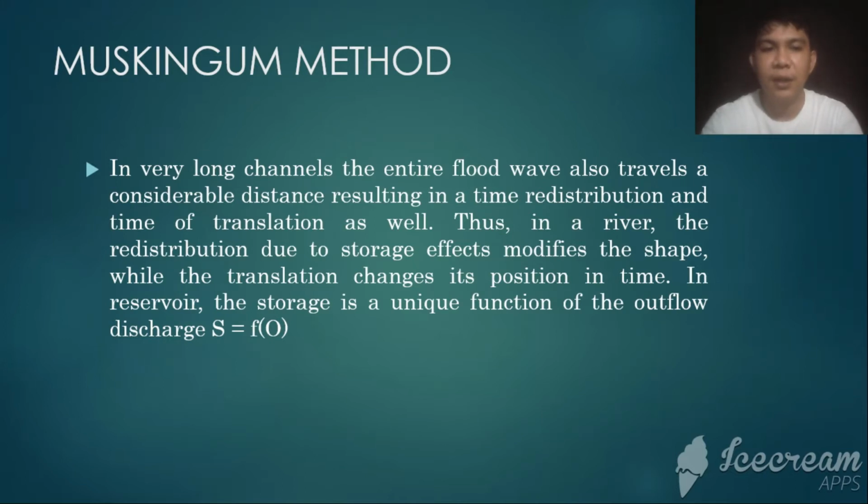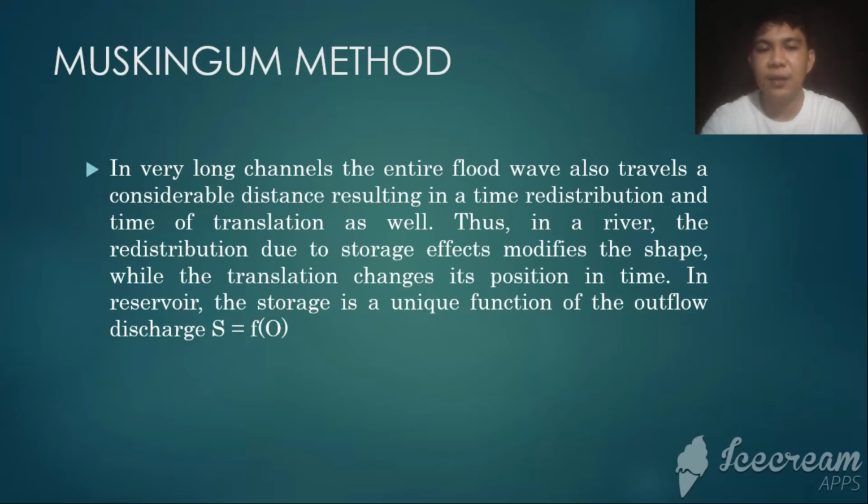So in very long channels, the entire flood wave also travels a considerable distance, resulting in time redistribution and time translation as well. Thus, in a river, the redistribution due to storage effects modifies the shape, while the translation changes the position in time.